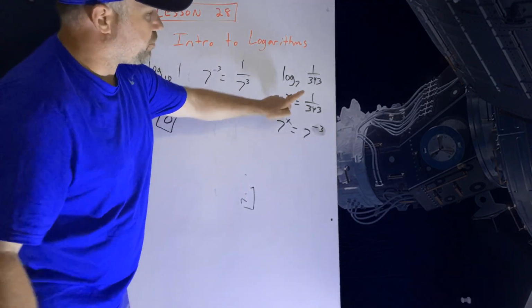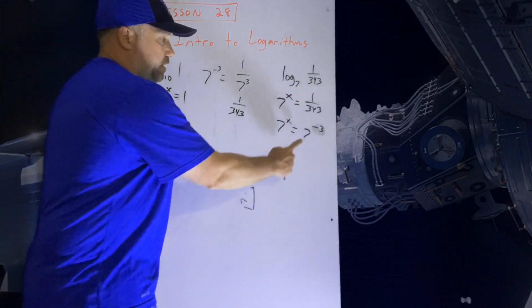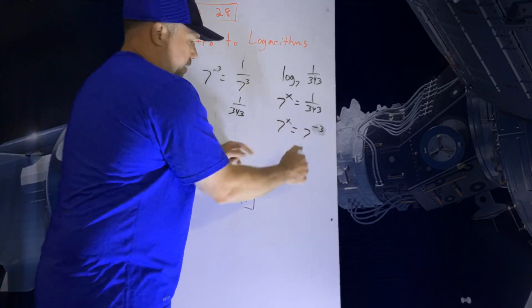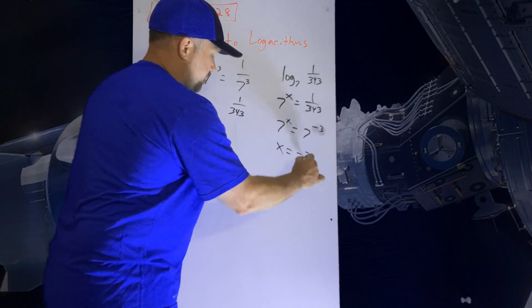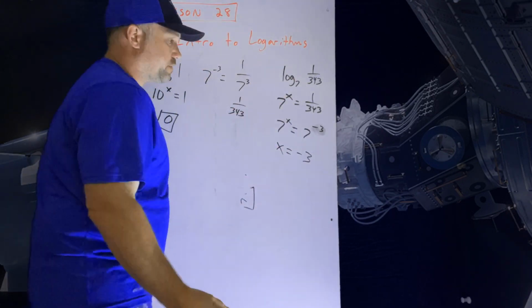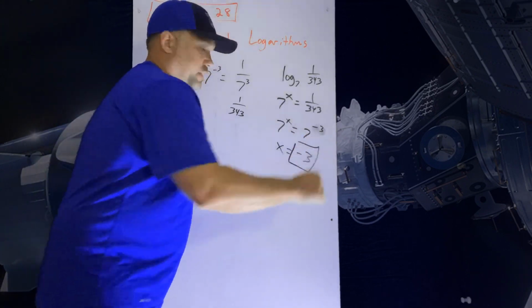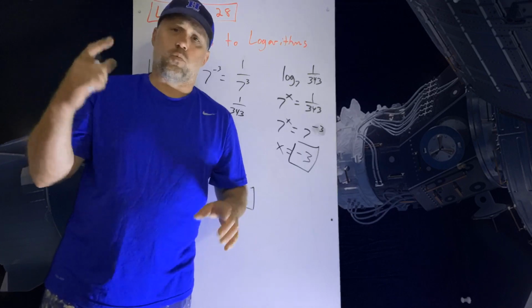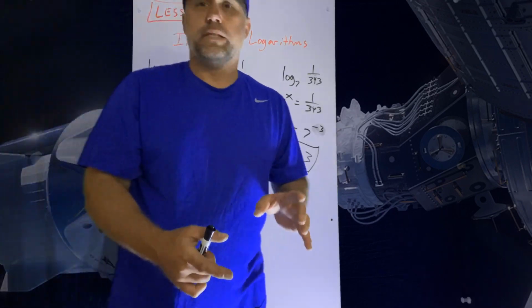So that's why I can change 1 over 343 to 7 to the negative 3rd. Now my bases are the same, so I find out that x is equal to negative 3, which means log base 7 of 1 over 343 is negative 3. That's challenging, and there's one on the homework that's going to be like that as well.